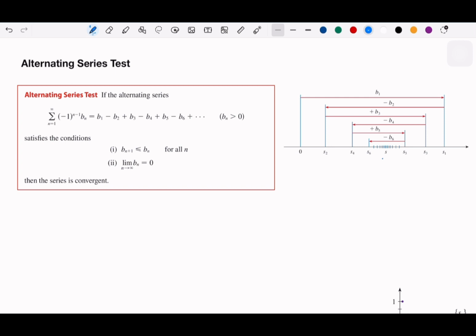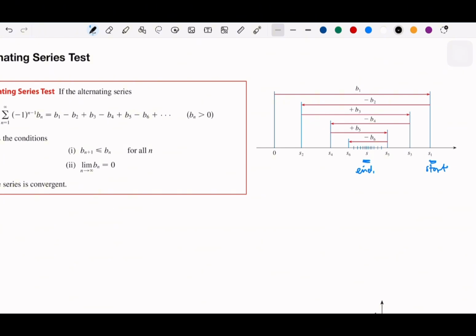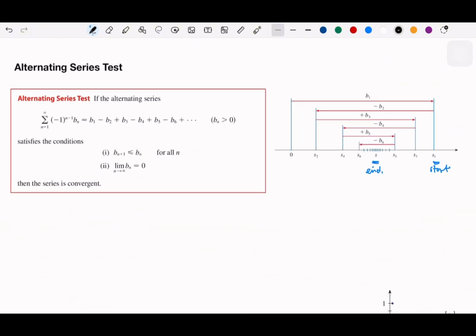This is our starting point, and this is our end point. If we take S1, it is just b1. S2 will be b1 minus b2. S3 is going to be b1 minus b2 plus b3. And then S4.